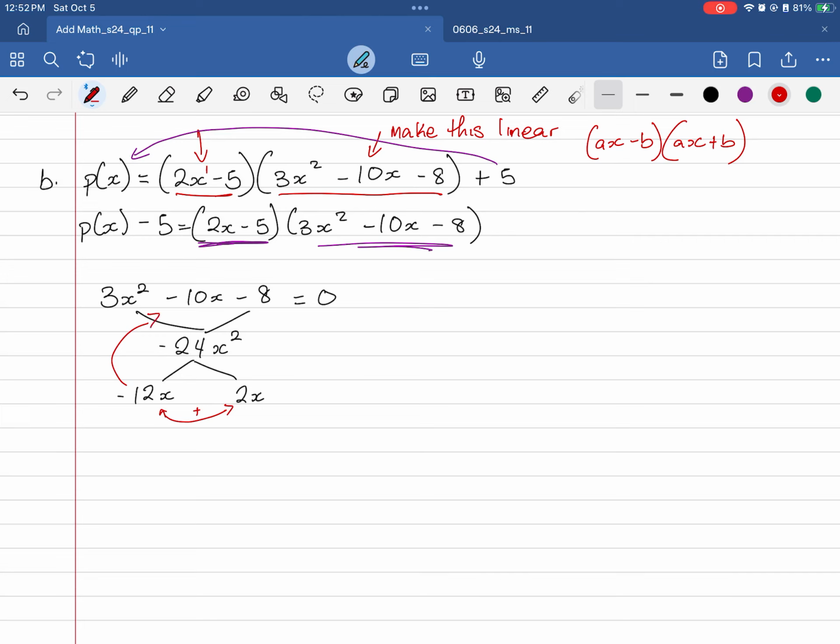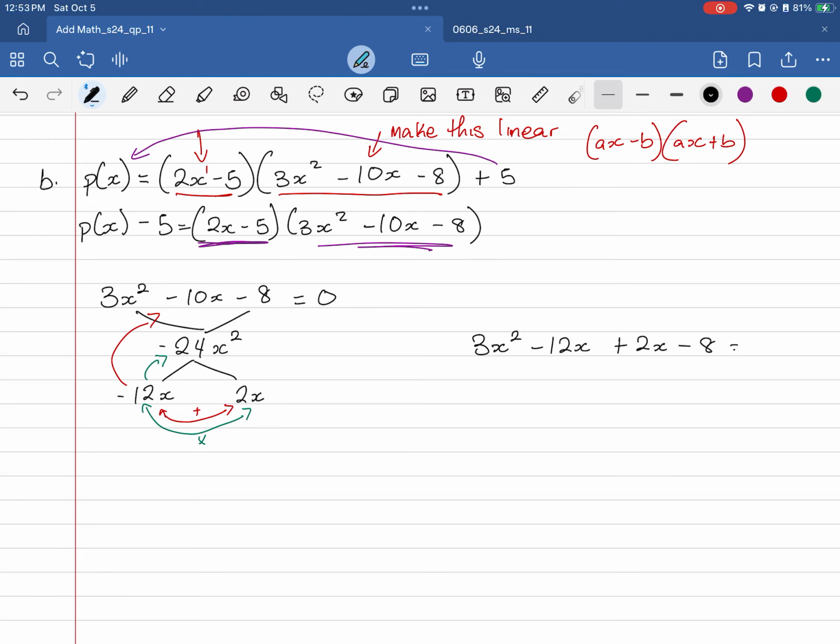And this times this, you get minus 24x squared. So you can rewrite this, removing this and adding this 2x. What do I mean? So we can do 3x squared, instead of minus 10x, you now have minus 12x plus 2x minus 8 equals 0.